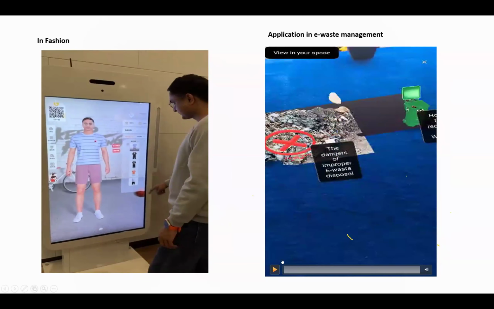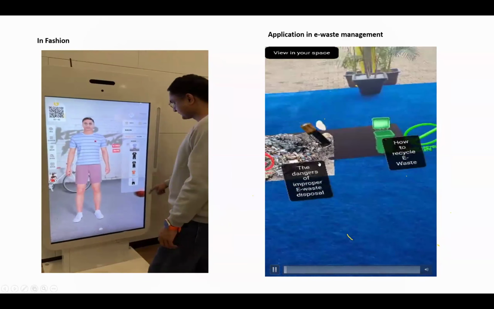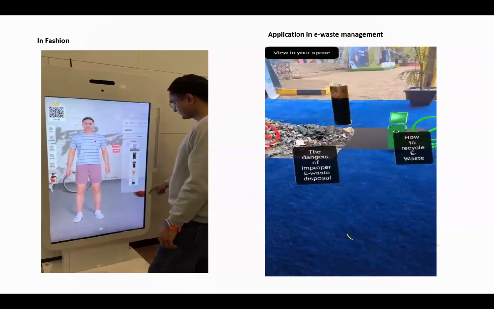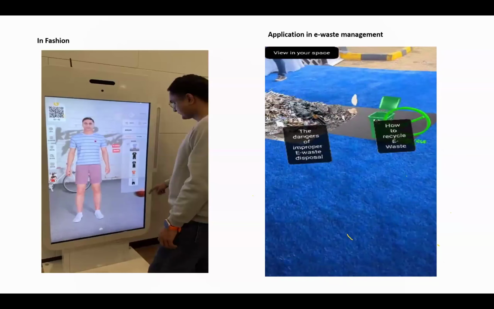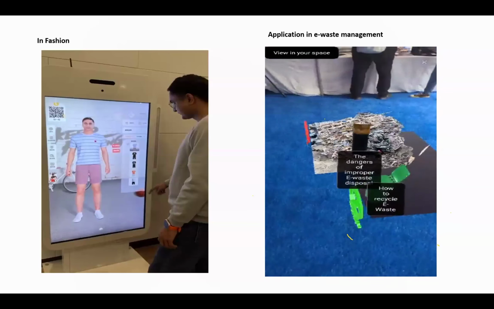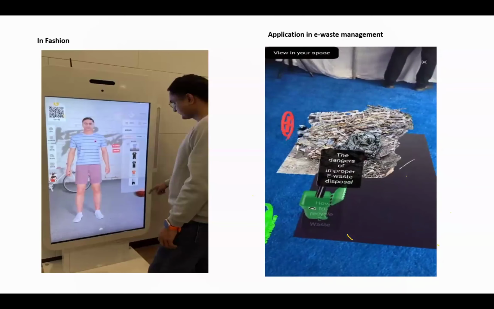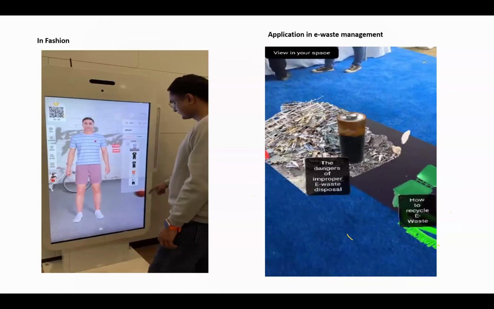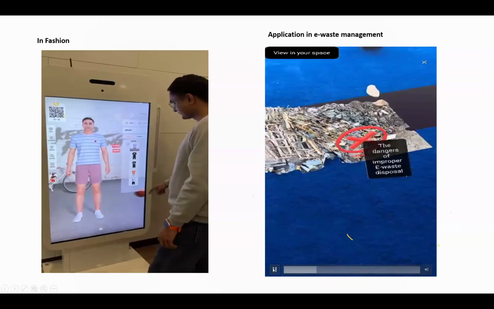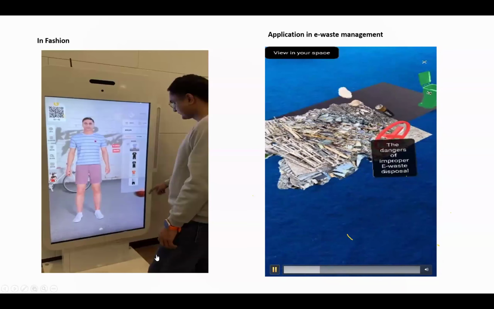Then here we have a simple demonstration of how someone can manage e-waste on a smartphone, with the content relayed onto the actual environment. That was around the workshop, and that is a smartphone with digital content relayed onto that environment. Okay, so those are just some of the ways that you can interact with the technology.